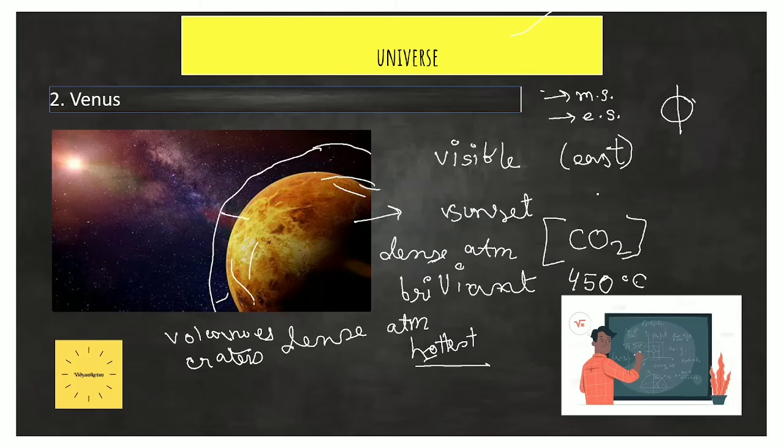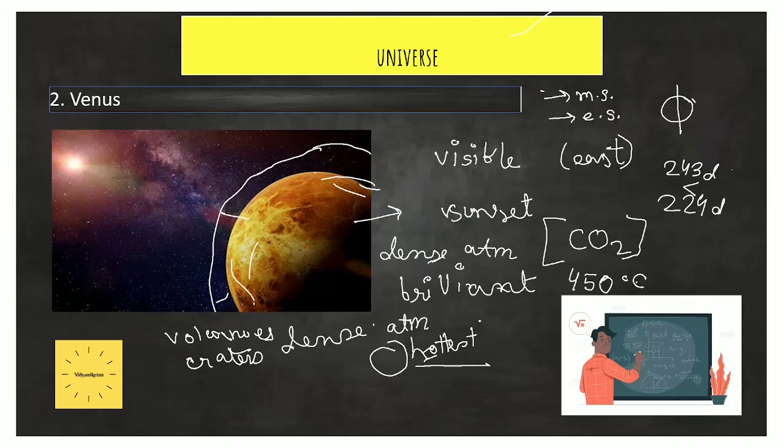It takes about 243 days to rotate, and it takes 224 days to revolve. So the revolution time is less than the rotation time, right? You can understand how slowly Venus rotates: it completes its revolution around the sun and still hasn't completed one day.